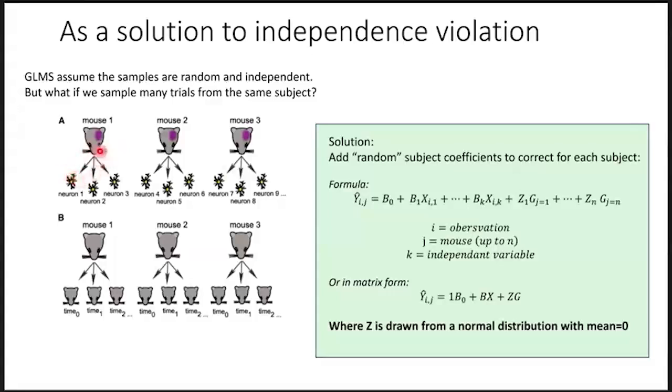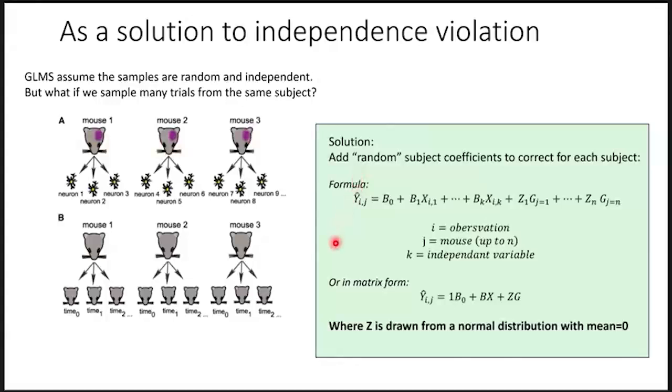So these 3 neurons will get the same coefficients that the model will fit for all the parameters of the neurons and all the independent variables, plus a small or large correction factor for this mouse. And this mouse will get a second correction factor, and this mouse will get a third correction factor.